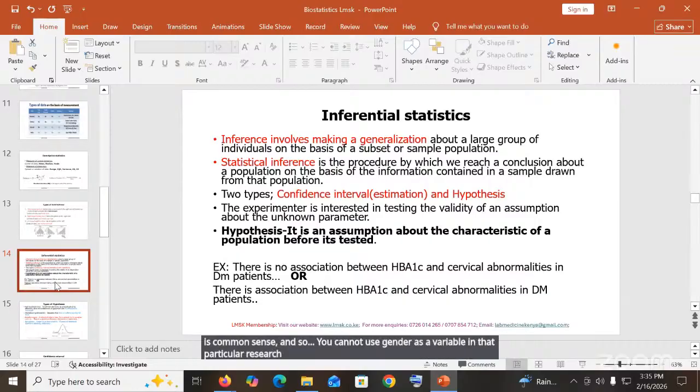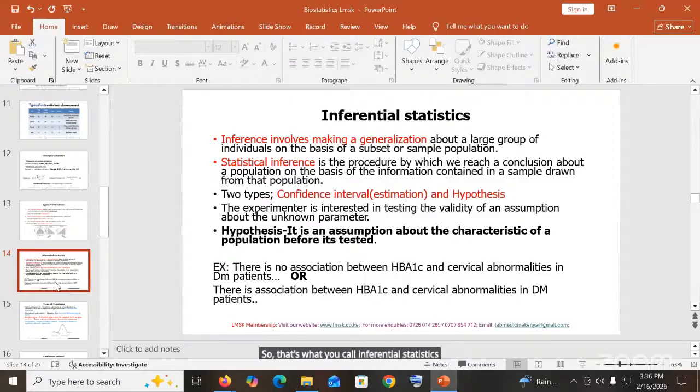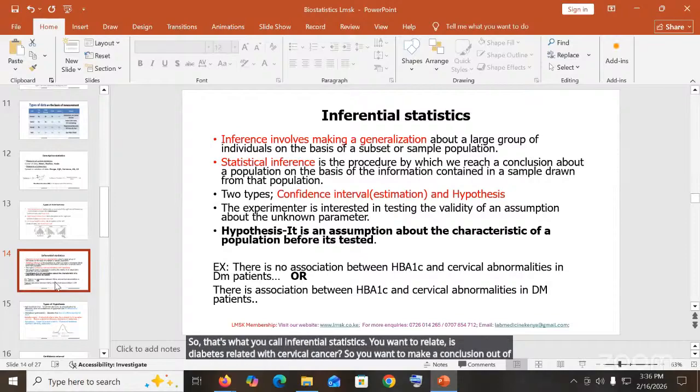But here you're looking at the cervical cancers that we find in diabetes mellitus patients. You will now need to make a generalized conclusion about it. That's what we call inferential statistics. You want to relate: is diabetes related to cervical cancer? So you want to make a conclusion out of it, and you'll need what we call inferential statistics.